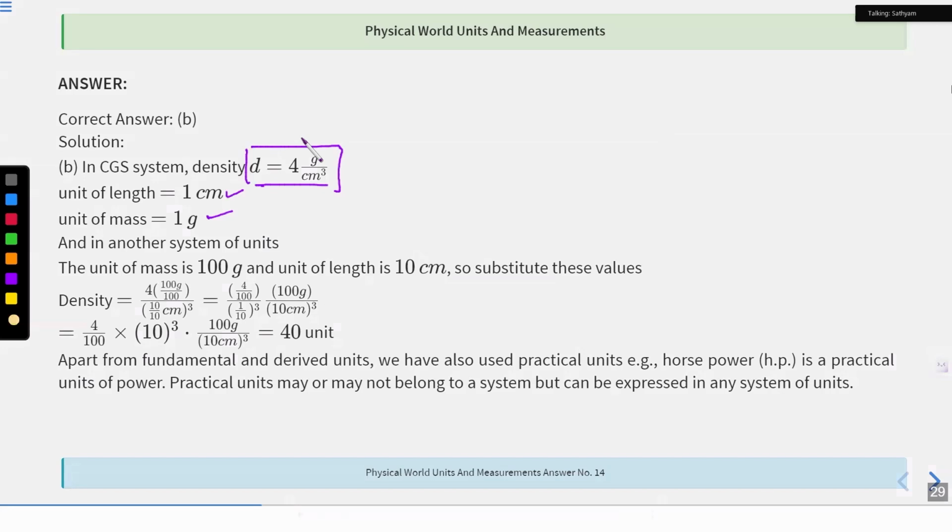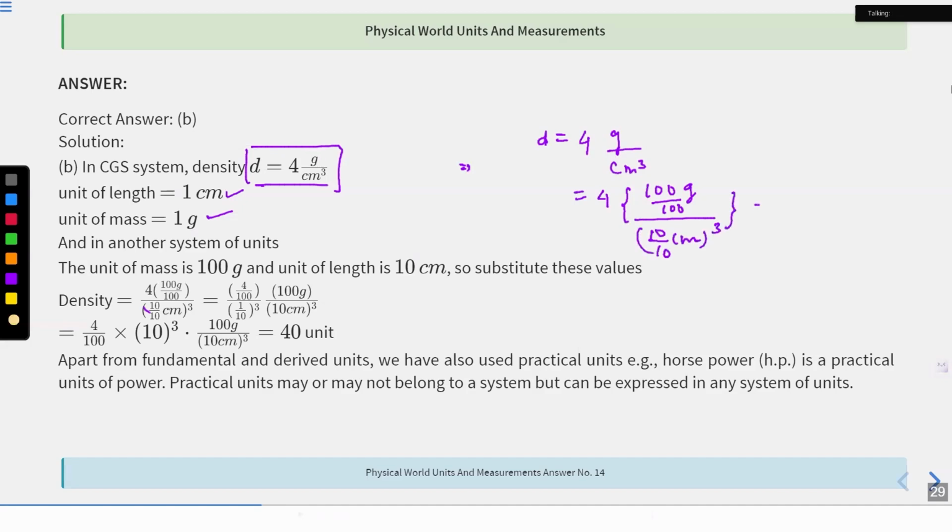So density is 4 into G, where G is written in terms of mass, and this is in standard length. So what you have done here is that density is given to me as 4 into G upon centimeter cube, right? So what I'm basically going to do is multiply it by 100 grams by 100, and I'm writing this by 10 by 10 centimeter cube.